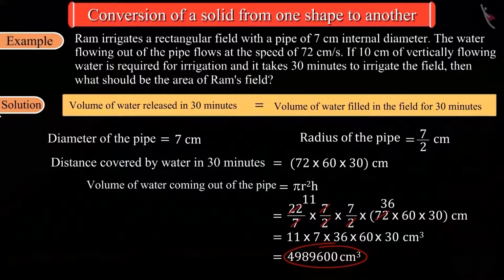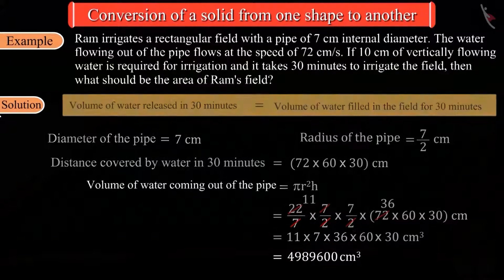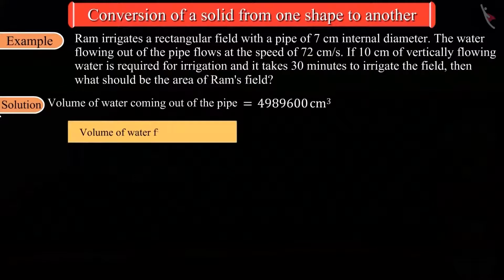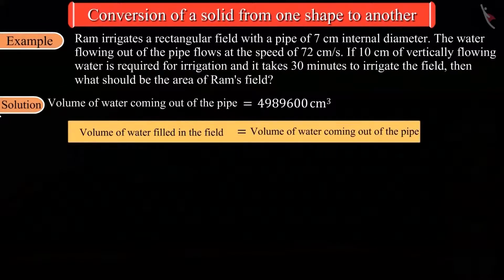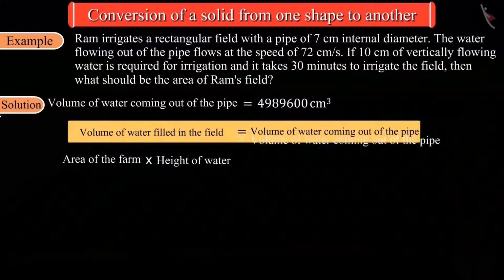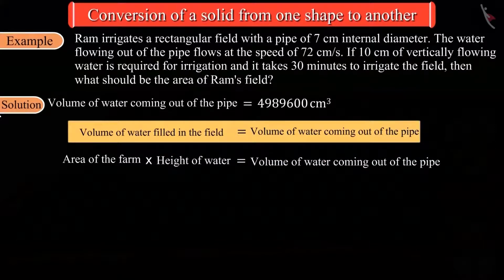Now, after watering the field, the height of the water becomes 10 centimeters. We know that the volume of water coming into the field is equal to the volume of water released from the pipe, and we also know that the volume of water filled in the field is equal to the product of the area of the field and the height of water. So now, we have to find the area of the field.